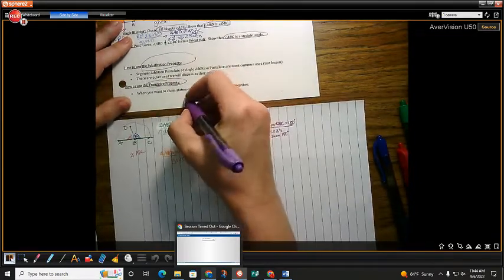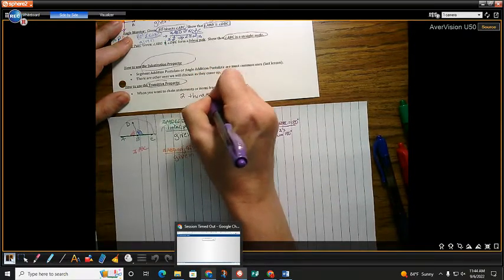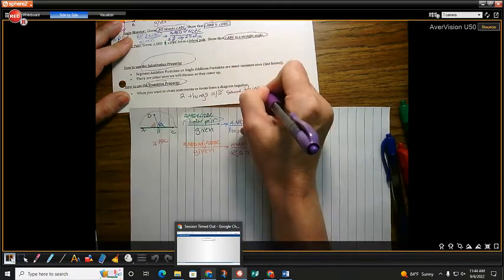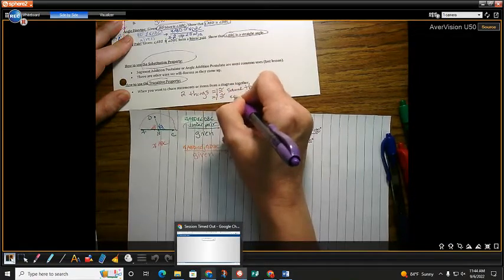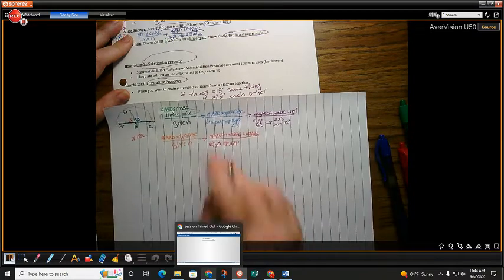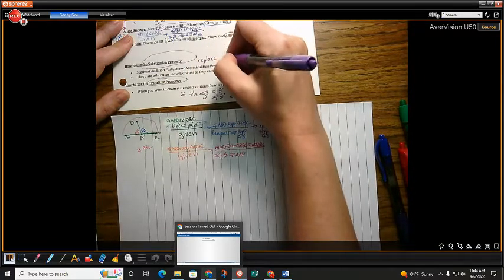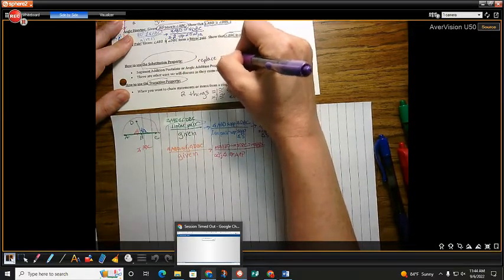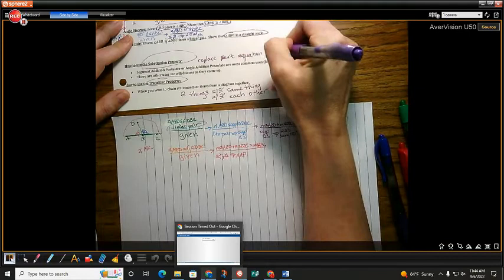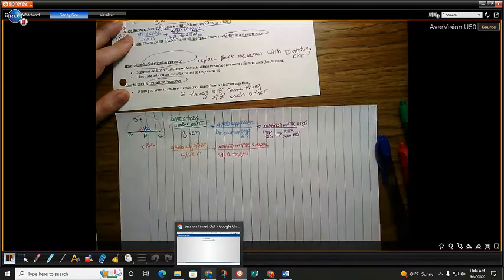The transitive property lets me say that if two things are equal or congruent to the same thing, then they are equal or congruent to each other. The substitution property lets me replace a part of an equation with something else.